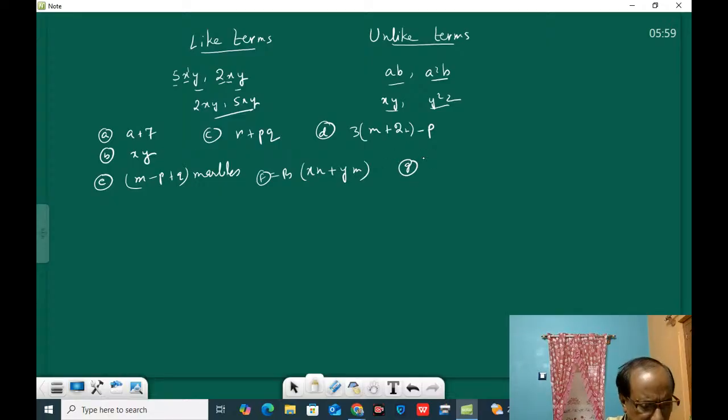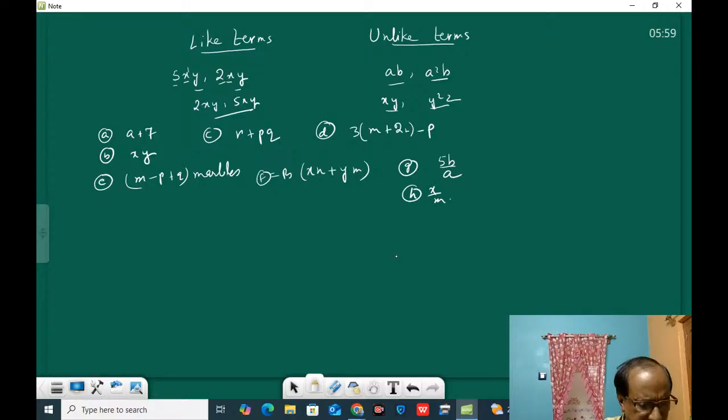The number of times A is contained in 5b, that means 5b by A. Or if lemons are sold at M for a rupee, then the cost of x lemons will be rupees x by M.